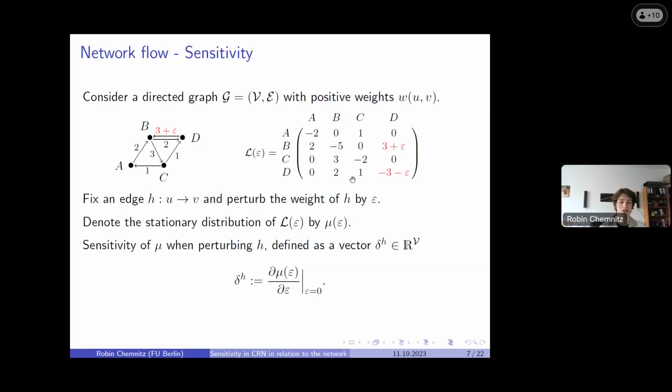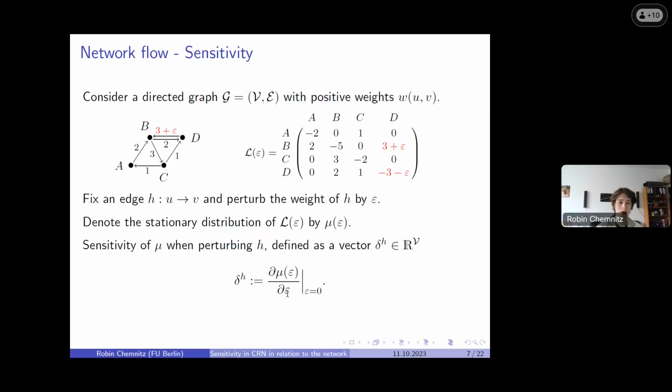So we have a vector delta h, where the h corresponds to the edge which we did perturb, which gives for each vertex a value of how much this value changes when we perturb this edge h. And this is exactly what I motivated with the cars and the restaurant.